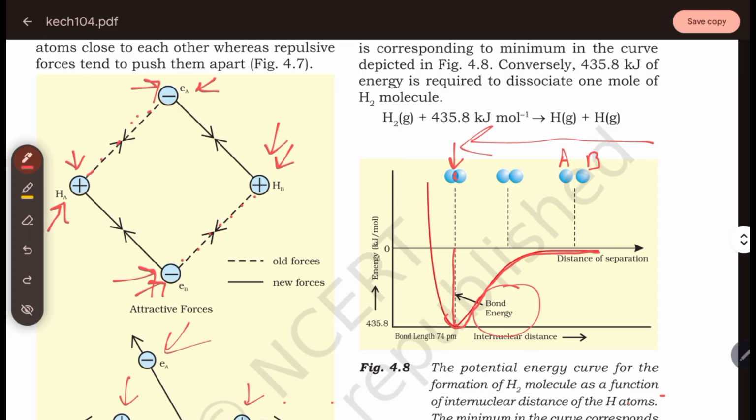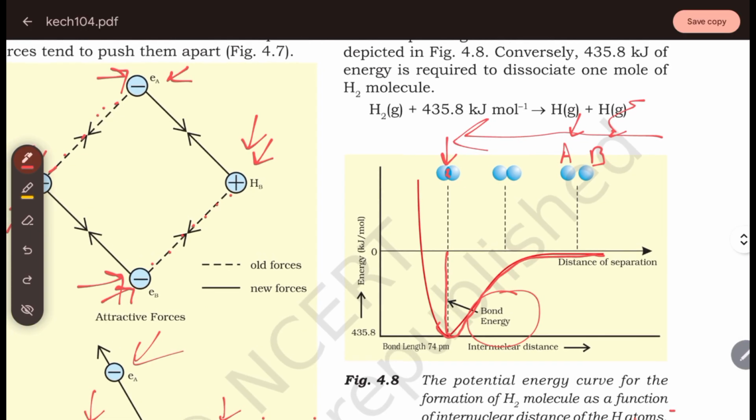Again, let us see that when the two atoms of H, A and B, come closer and try to form a chemical bond, try to overlap, the attractive interaction should energetically supersede the repulsive interaction.